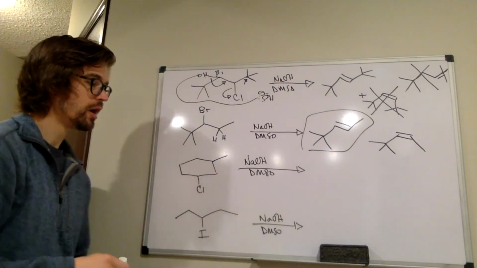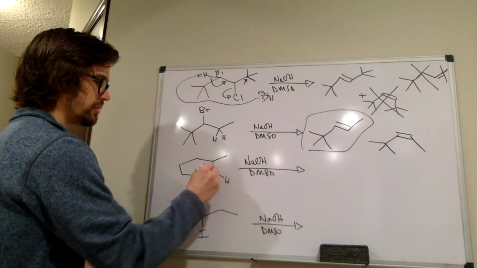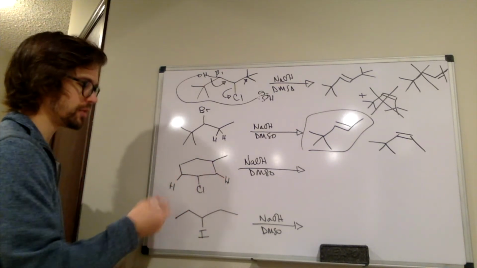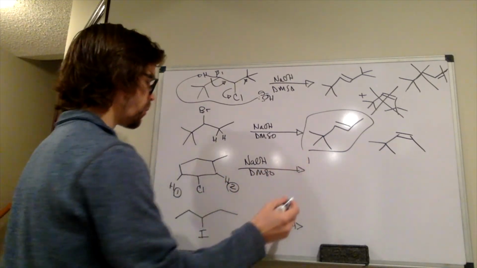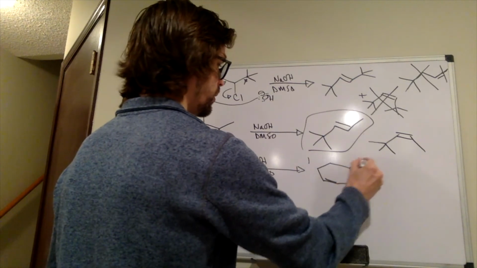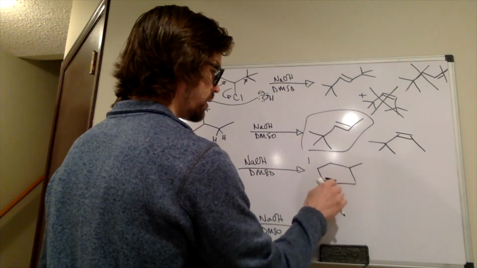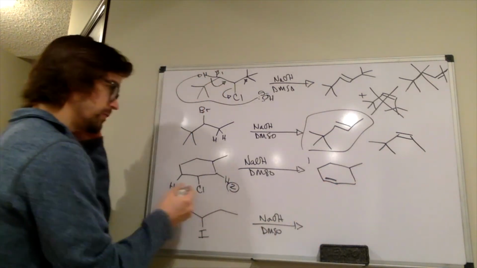What about this one? Again, we have a hydrogen here in this beta position and a hydrogen here in this beta position. We'll call this H1, H2. If we deprotonate H1, we would form the alkene right here. So this is H1.